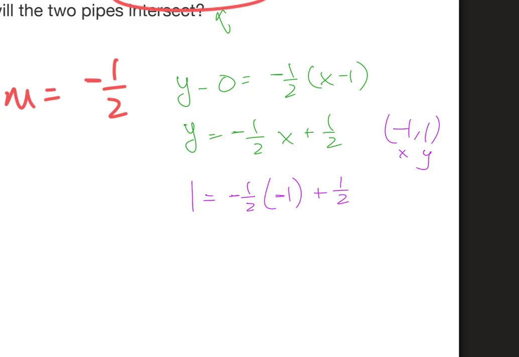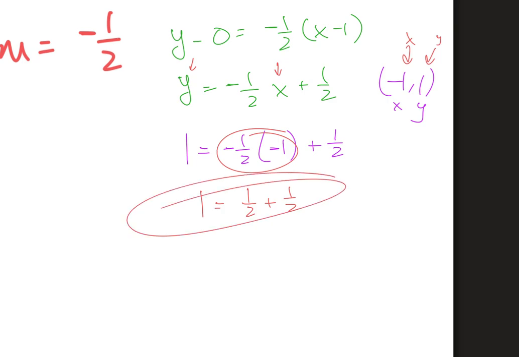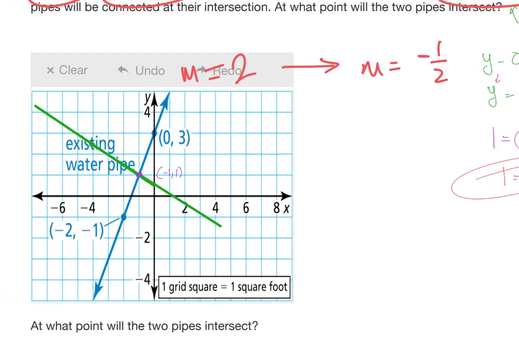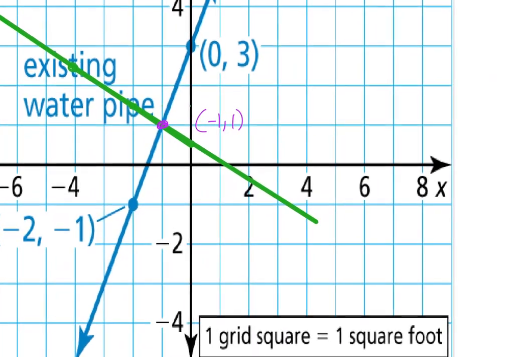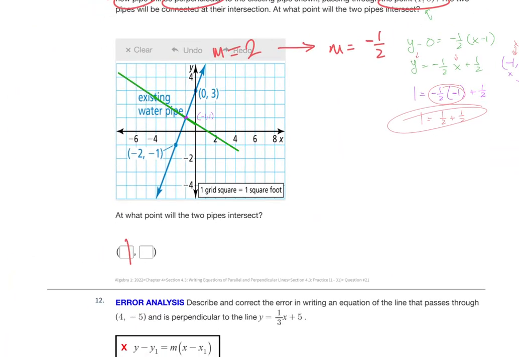If you're confused, I just took this x and plugged it in right here, and I took this y and plugged it in right here. So 1 equals, well, negative times a negative is positive 1/2. And guess what? 1/2 plus 1/2 equals 1. So that is definitely on this green line. Let's go with it. They will intersect at negative 1, 1. Right, that's what I wrote right there.